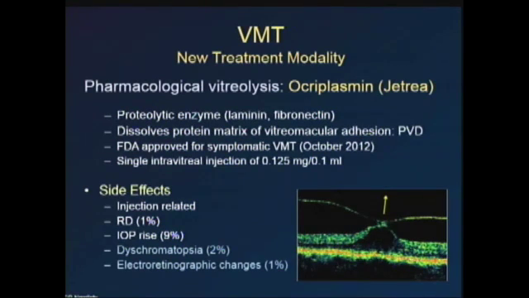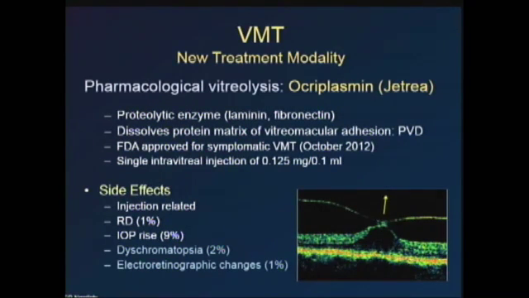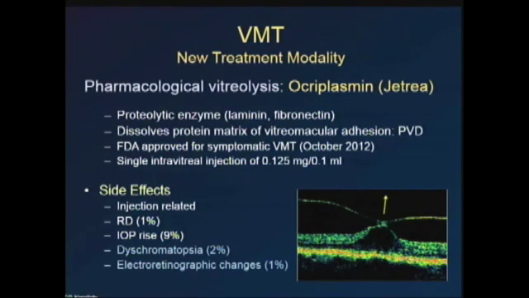In some cases, and more recently, we've been talking about injecting the vitreous with an enzyme. It's called ocriplasmin. This enzyme basically is going to split the fibronectin and the laminin enzymatically in the vitreous, and is going to hopefully split these adhesions between the posterior vitreous and the fovea, and cause a separation, and therefore the fovea snaps back into place.